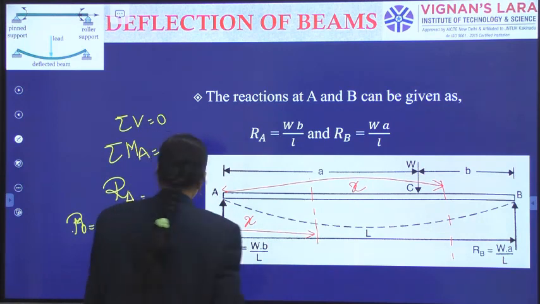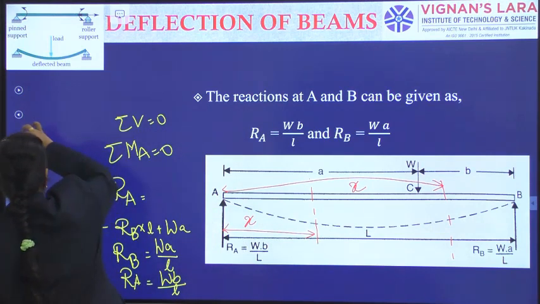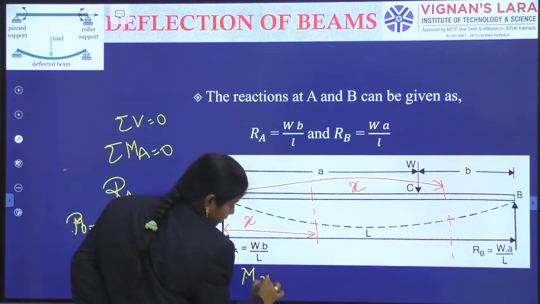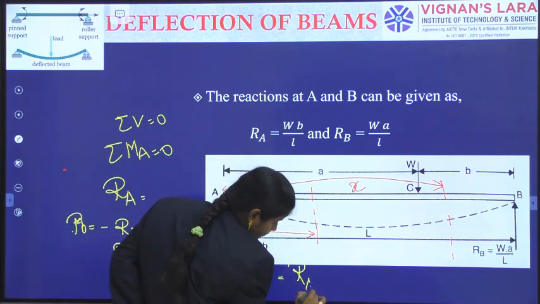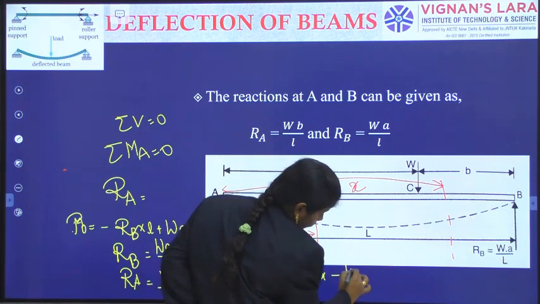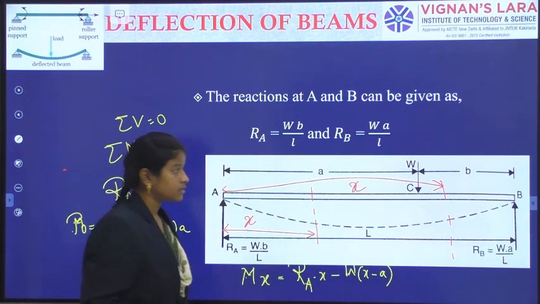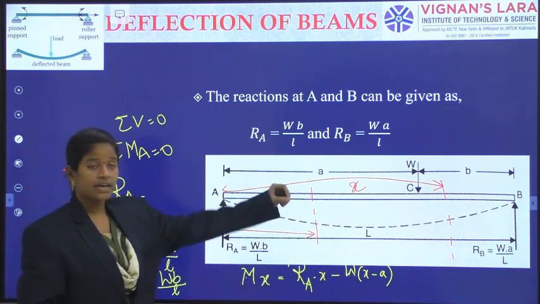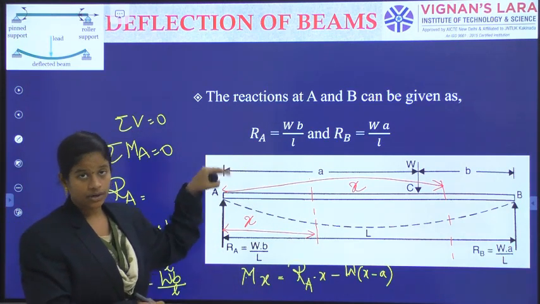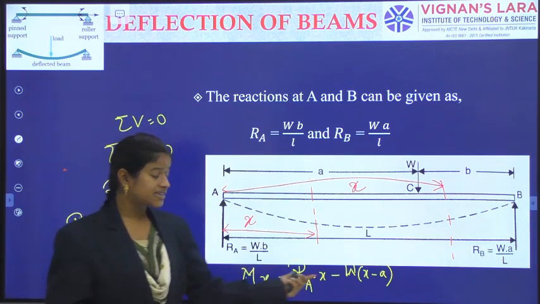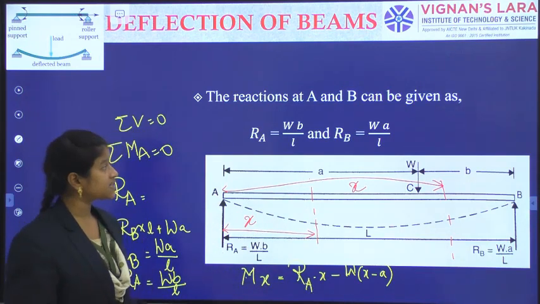So for the next span, Mx is equal to RA into x minus W into x minus a. This is the way we write the bending moment at a section.